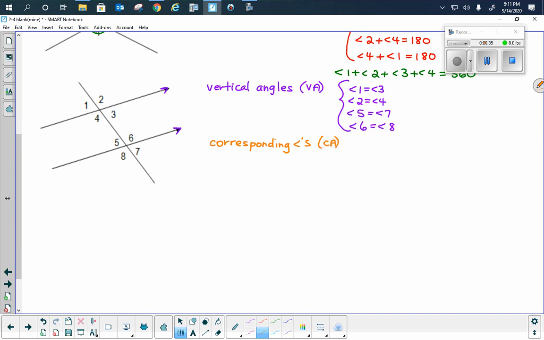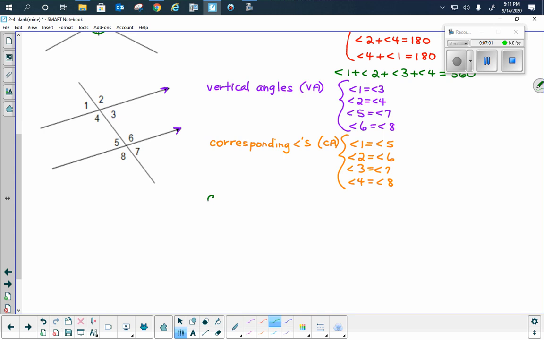All right, so corresponding angles. It's because of the parallel lines. I'm going to put equal signs, remember. So I'm going to say angle 1 equals angle 5. Angle 2 equals angle 6. Angle 3 equals angle 7. And angle 4 equals angle 8. Those are all the corresponding relationships.